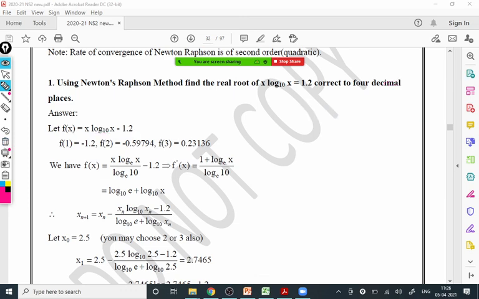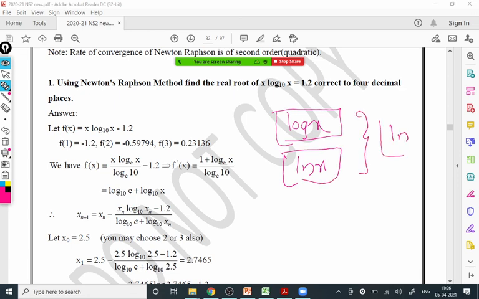Now I am saying, if only log x or ln x appears in the equation, for both we use the ln tab on the calculator. On the calculator there is an ln tab that you have to use when you are doing log x or ln x, or log x at the base e.